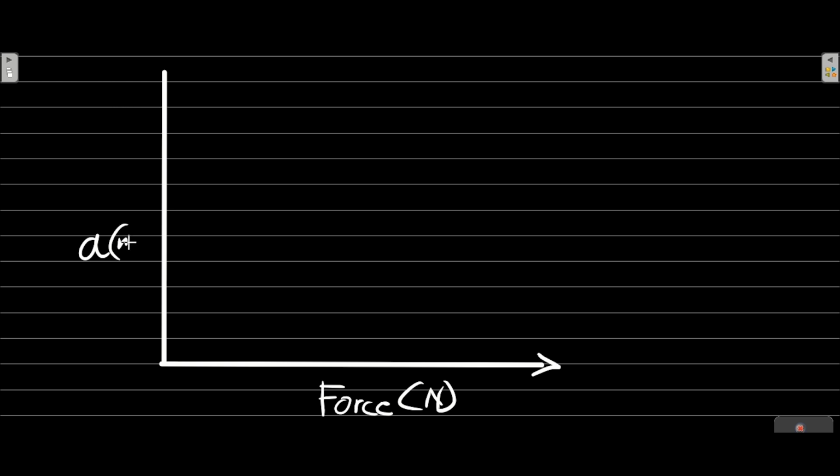The unit of measure will be meters per second squared. We know that as soon as 160 newtons was applied, at this point here, that gave us an acceleration of 1.5 meters per second squared.